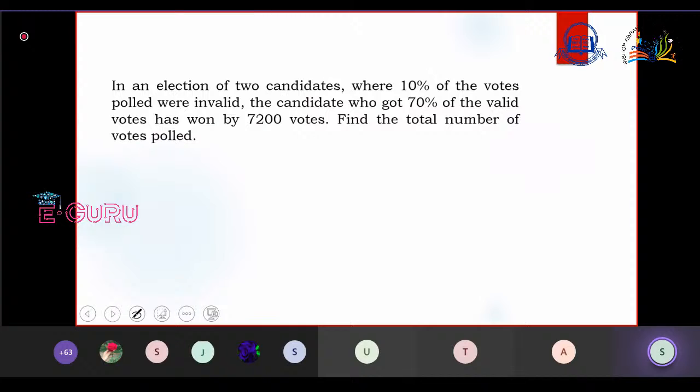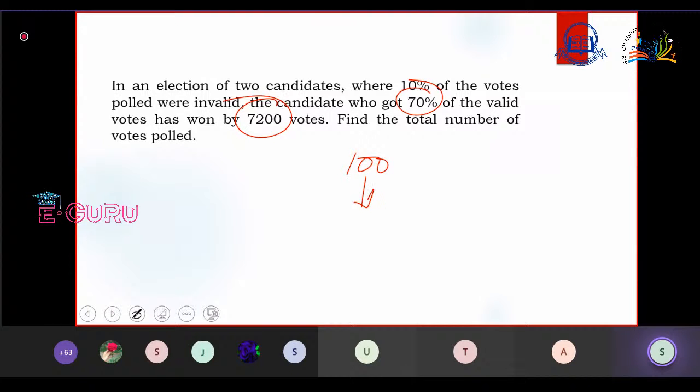Another question. In an election of two candidates, 10% of the votes polled were invalid. The candidate who got 70% of the valid votes won by 7,200 votes. Then find the total number of votes polled. So again, we can take 100 as the total votes.